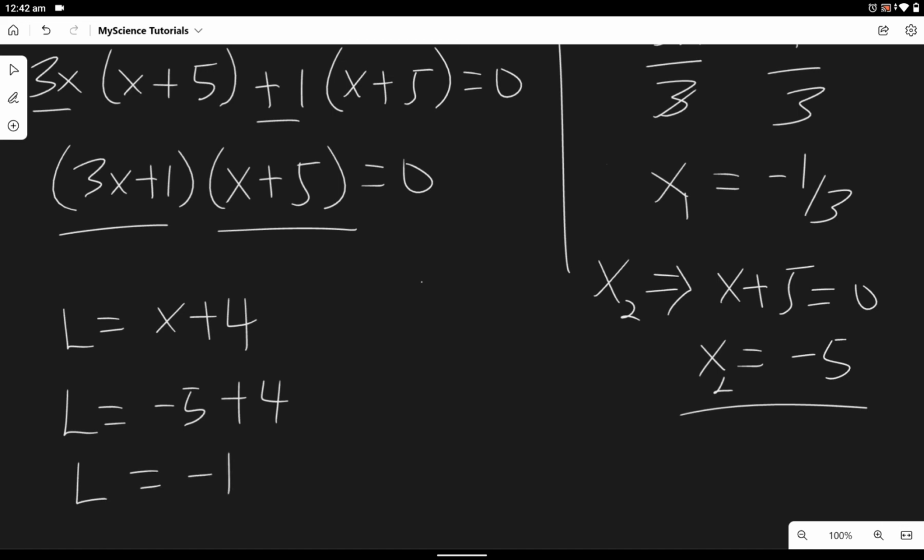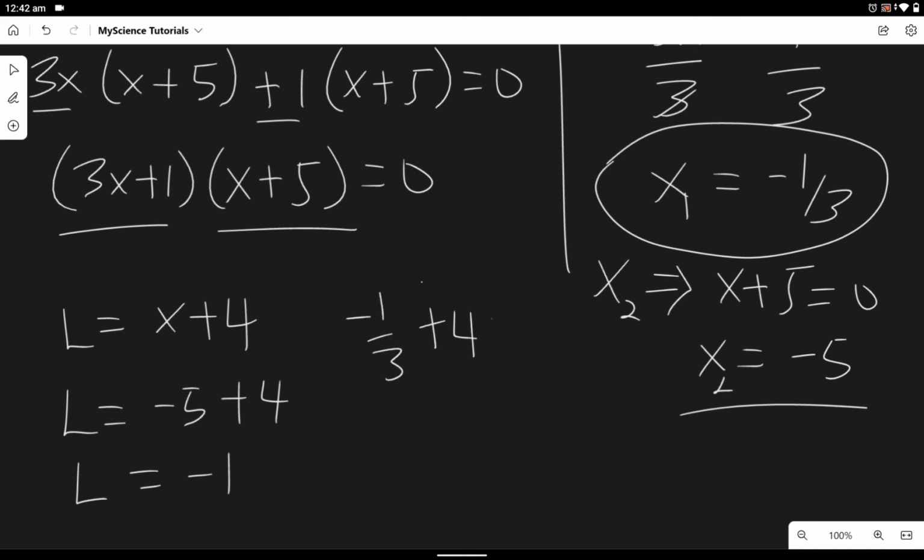So it means that the most suitable will be x equal to x1, which is minus 1 over 3. That is going to be the most suitable value of x over here, as if we add negative 1 over 3 to 4, we are going to get a positive result as the length of the rectangle, and that is what we want.